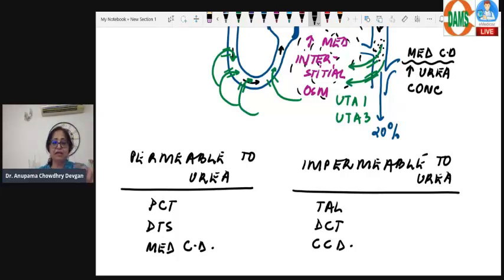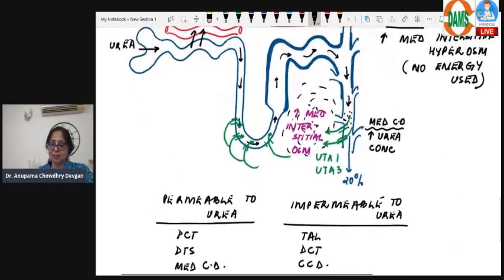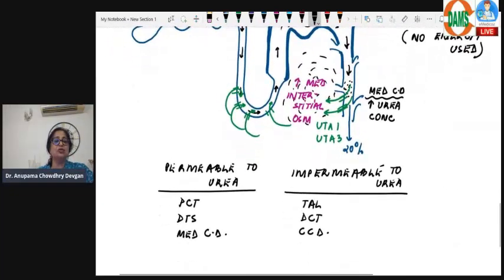Now somebody said, if the descending thin segment is permeable to urea, then why does urea not go from descending thin segment into interstitium? Please remember, urea only moves from higher to lower concentration.